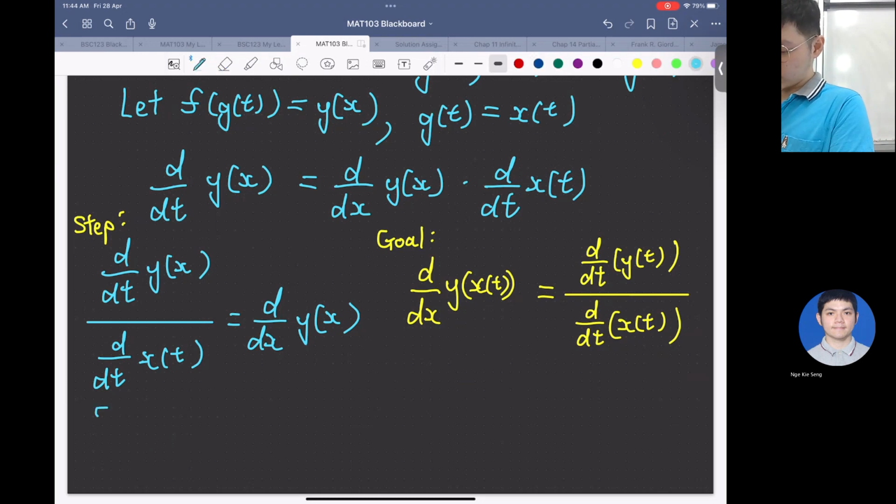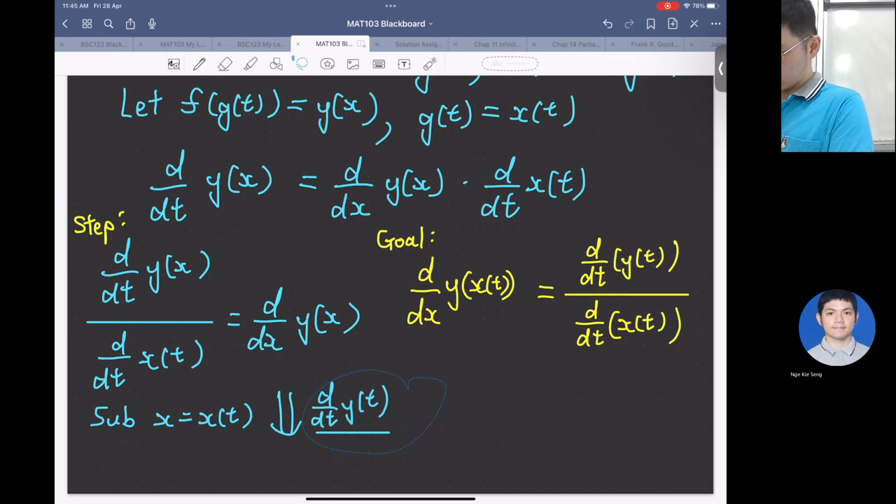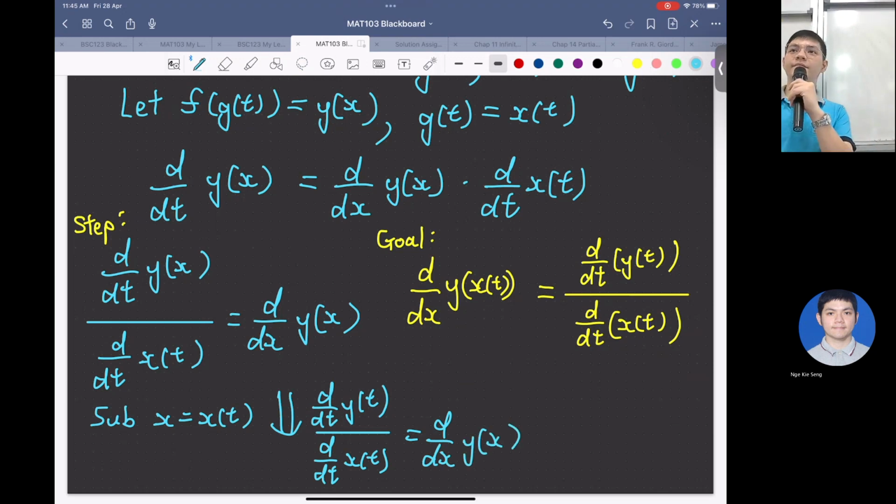Yeah, maybe I say x equal to x(t). Then we will get dy/dt over dx/dt.